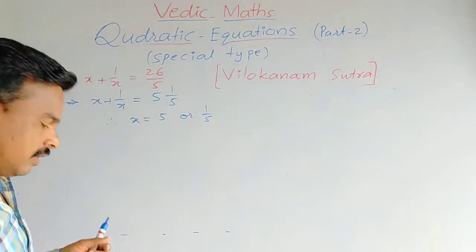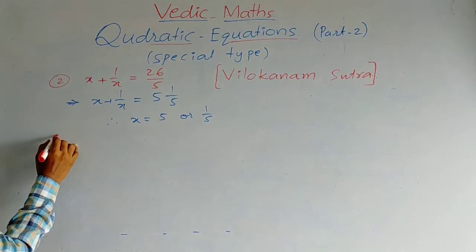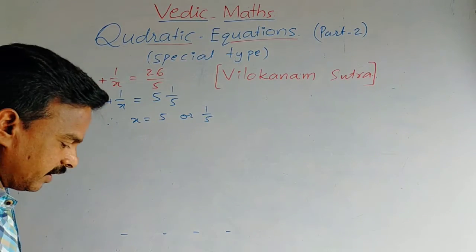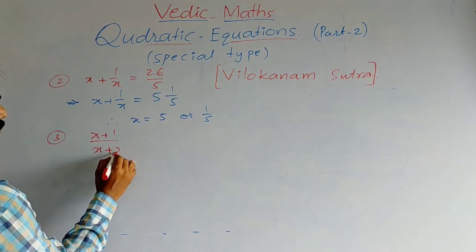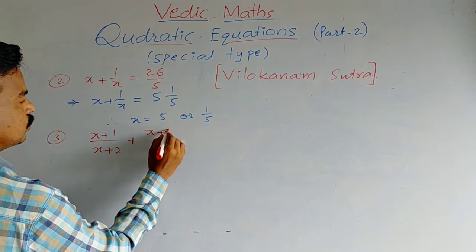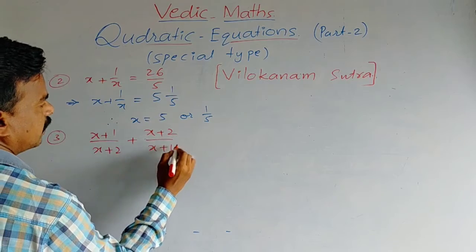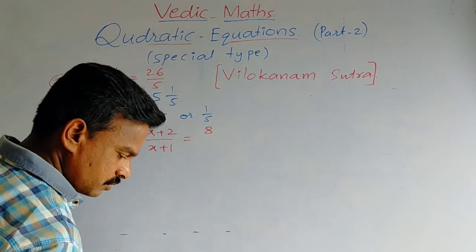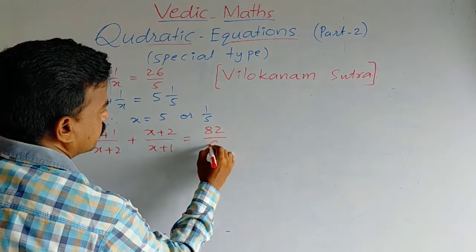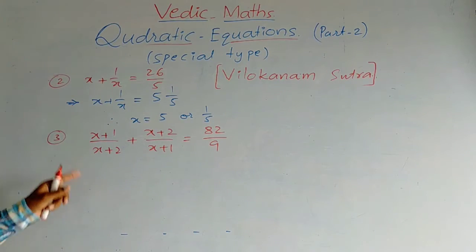Very simple. And next, one more example I am taking. That is x plus 1 by x plus 2 plus x plus 2 by x plus 1 is equal to 82 by 9. Okay.